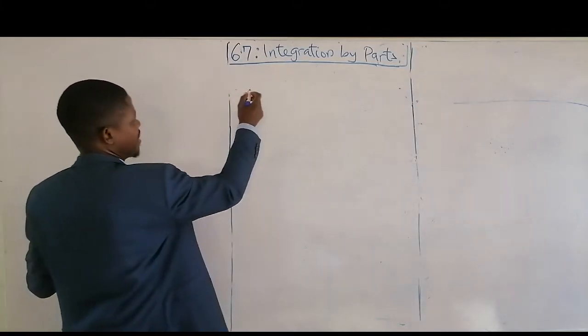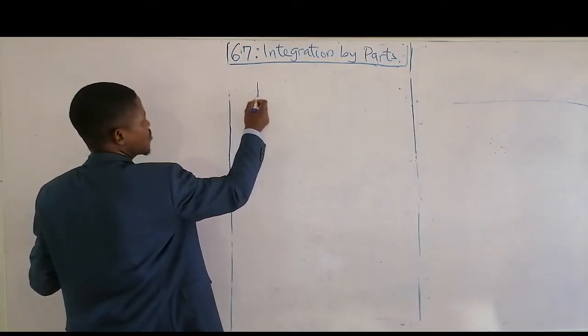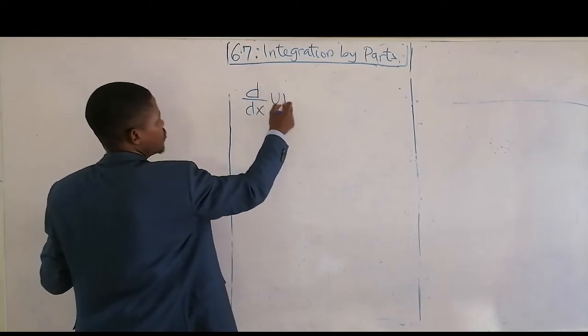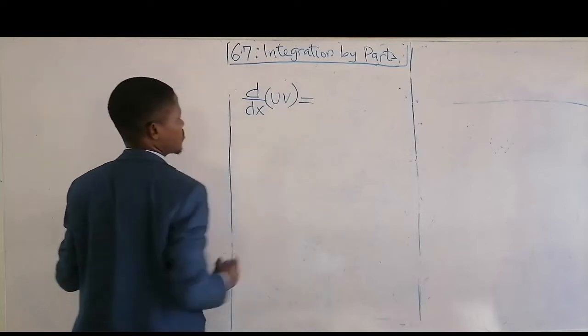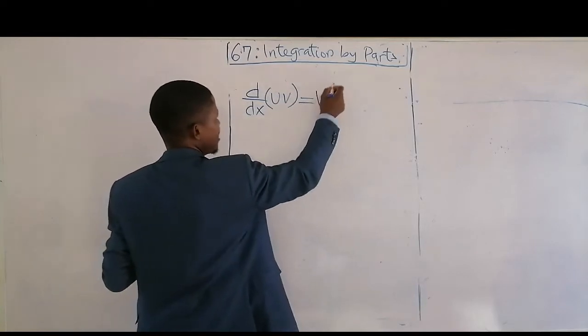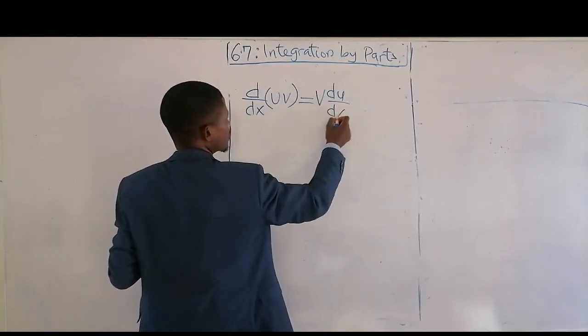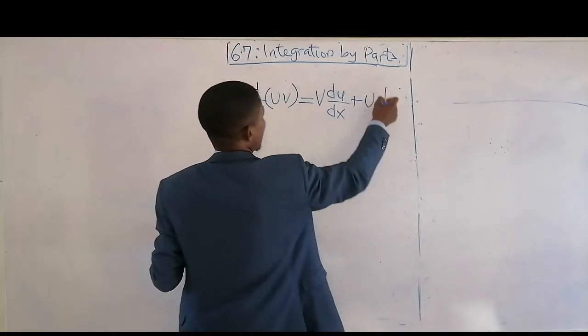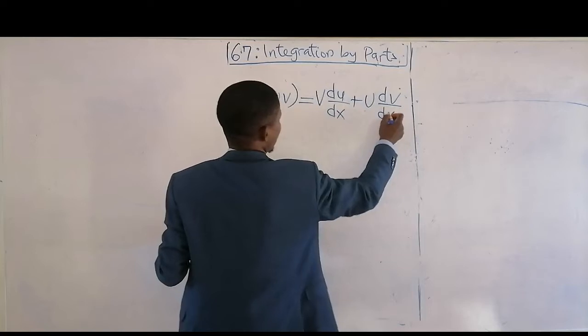I'm going to start by generating the formula, and I will start with the product rule. d/dx of the two functions uv is equal to v du/dx plus u dv/dx.